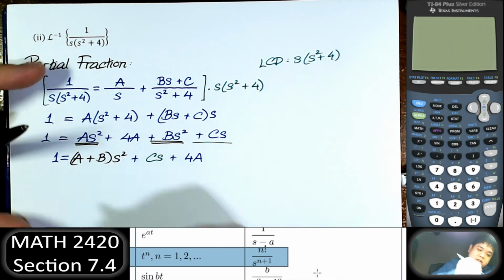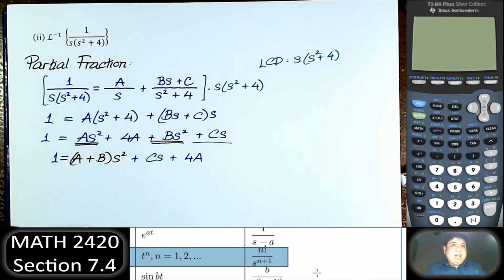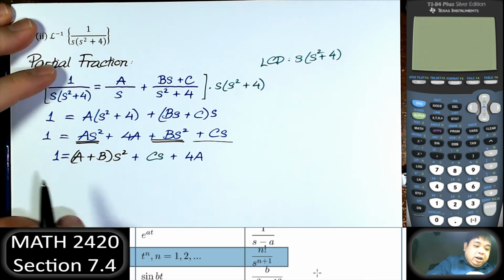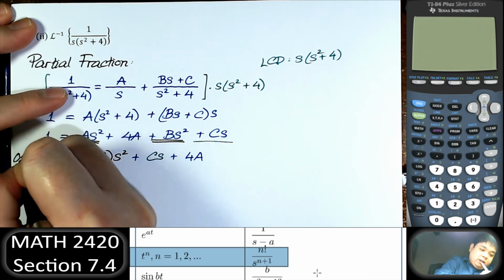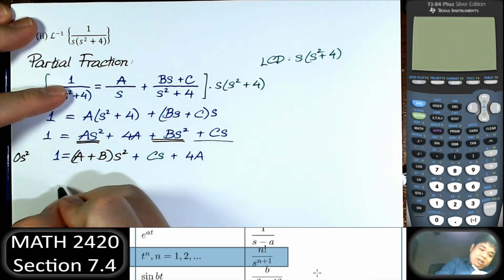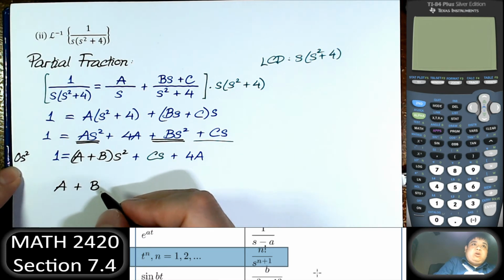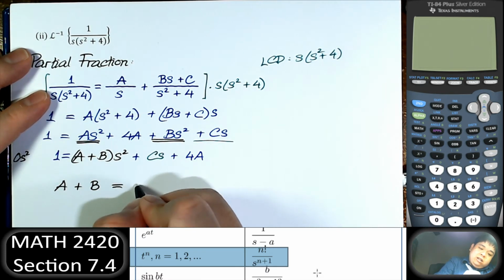On the right side, we just have 1. Right, now matching the coefficients. There's no s squared on the other side, so we just say 0 s squared. So we have a plus b must be equal to 0 because no s squared on the other side.